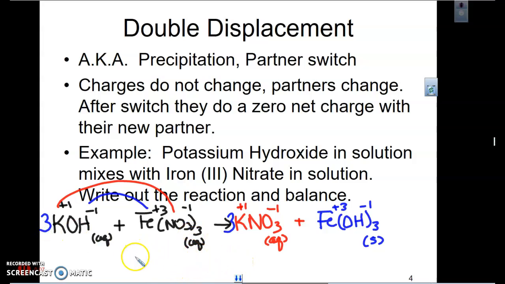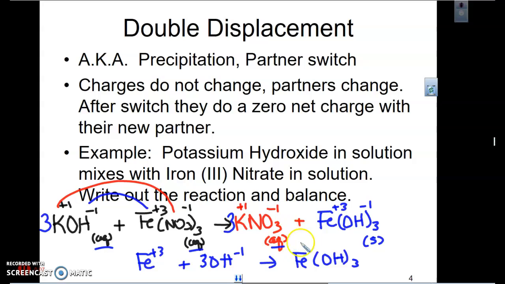If you were to do a net ionic, we'd say iron with a +3, 3 hydroxides, each with a -1, makes this precipitate. We leave out anything that stays aqueous. It was aqueous before, aqueous after, we just leave it. This is our net ionic.